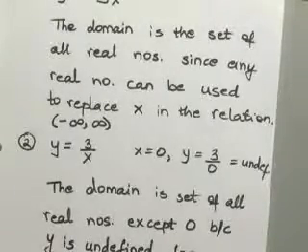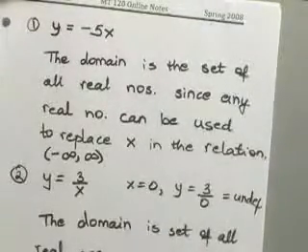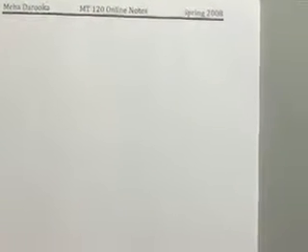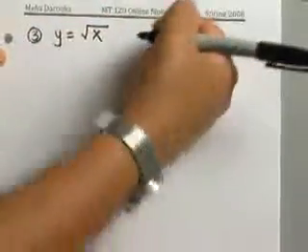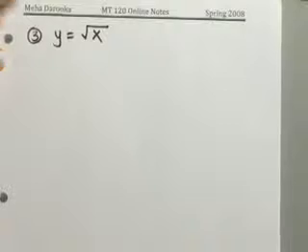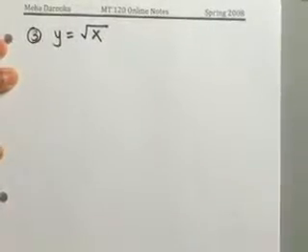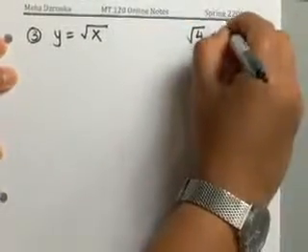Now, when I say even root of a negative number, I'm basically saying if you take the square root of something. Let's look at this example, y equals square root of x. You can see this is an even root, a square root, and what happens to my domain here? Now remember, anytime you have a square root, if you have the square root of 4, that will give you a positive 2.